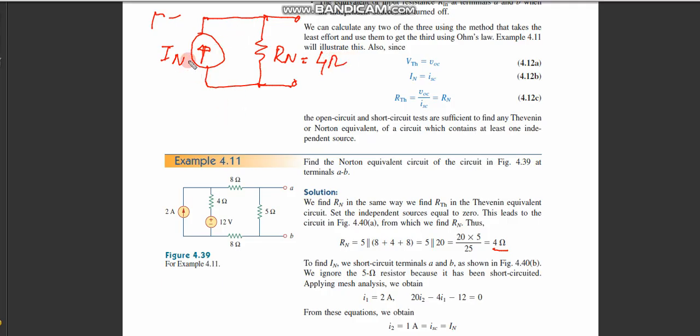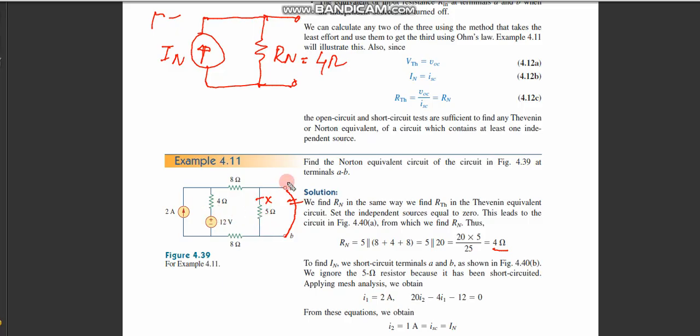Now to calculate In, we need to short circuit these two ends. When we short circuit, by definition, this parallel branch, which is the 5 ohm resistance in parallel with the short circuit, we can ignore. The current would go directly in the short circuit, so there will be no current flowing in the 5 ohm resistance.